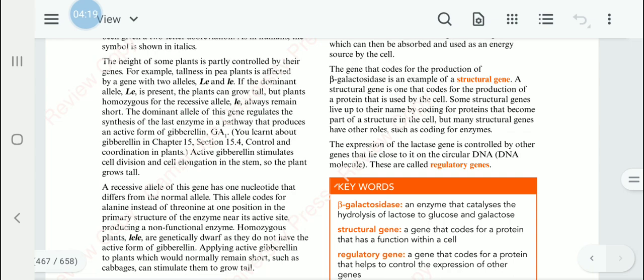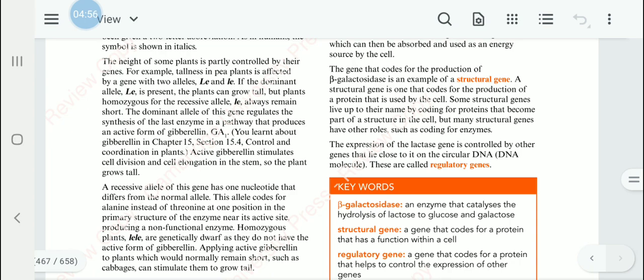The recessive allele of this particular gene, that is simple L simple E, has one nucleotide that is different from the normal allele, right? That allele is going to code for alanine instead of threonine in one position.